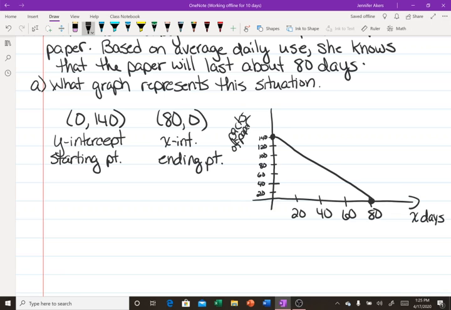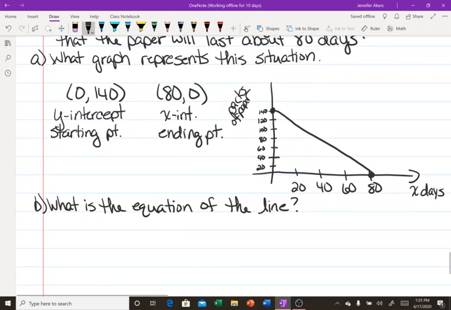Part B, what is the equation of the line? Well, I know the y-intercept, I know the x-intercept, I do not know the slope, so let's start with the slope.